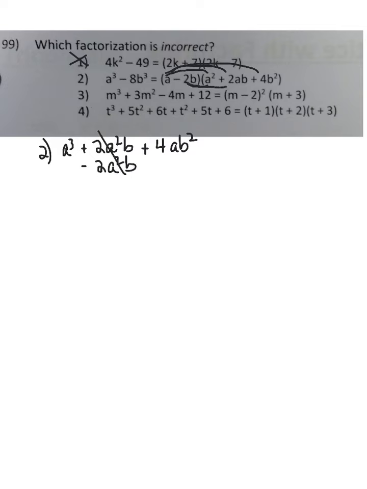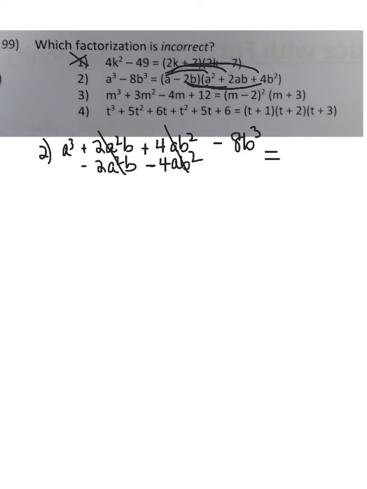Then here I'm going to get a negative, right? Yes, negative 4, and then I'm going to have an A and then a B squared. So that's also going to cancel out. And then lastly, when I do those two, I'm going to get minus 8B cubed.